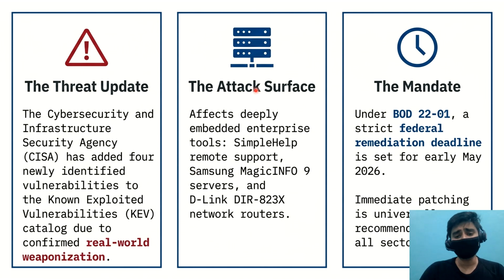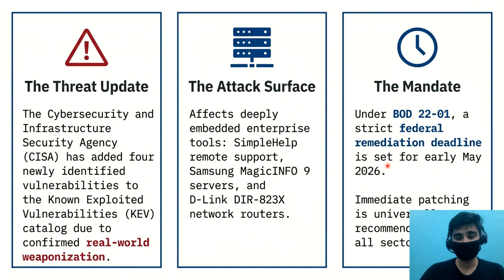When we discuss the attack surface, it affected deeply embedded enterprise tools. What are these tools? They are SimpleHelp remote support, Samsung MagicINFO 9 Server, and D-Link DIR-823X network routers.